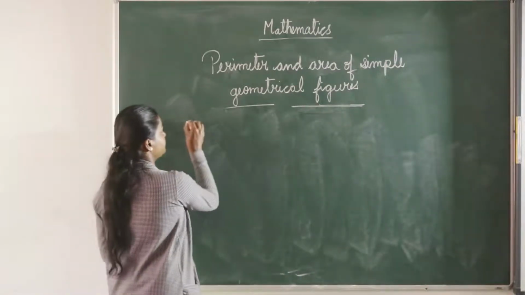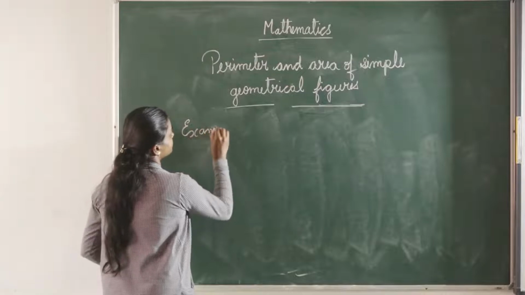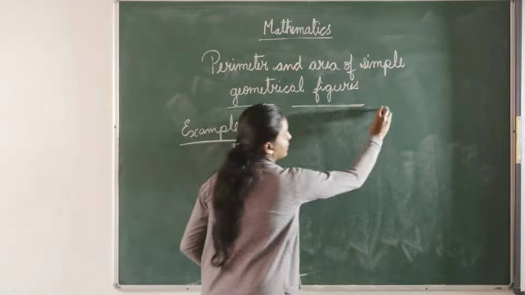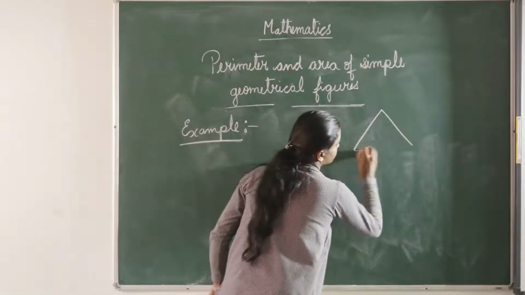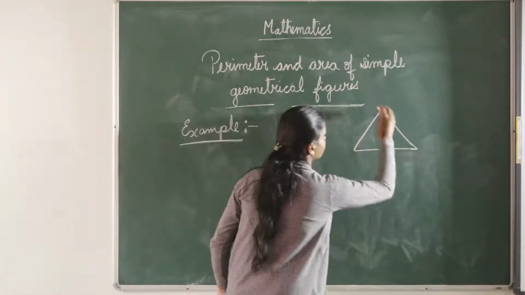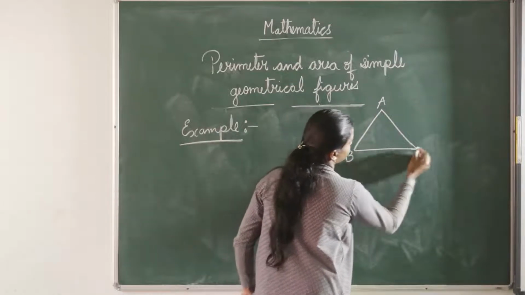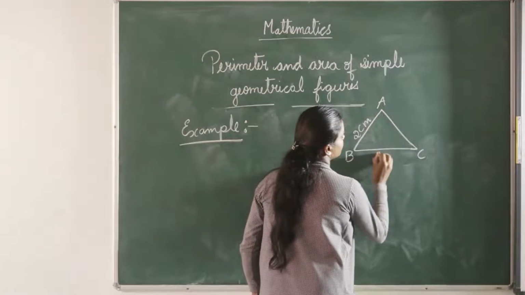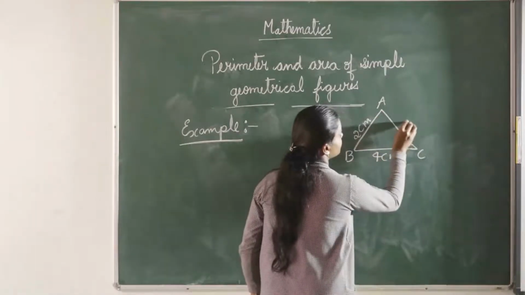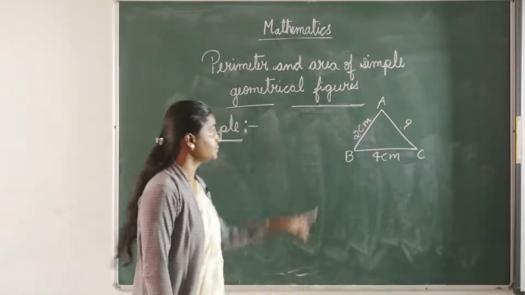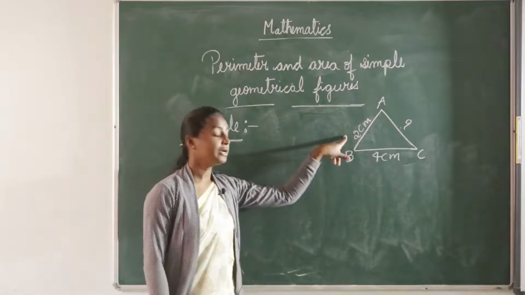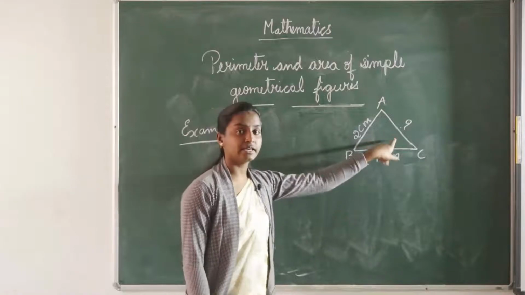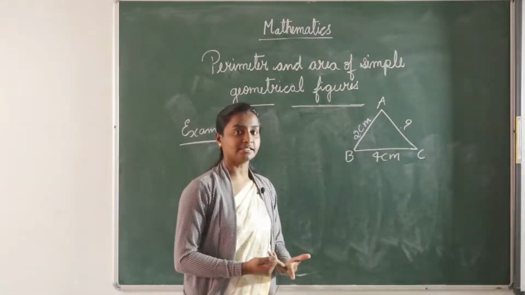For example, here if you observe this figure, they have given measurement of 2 sides, but we don't know third side. Then how to find that third side?